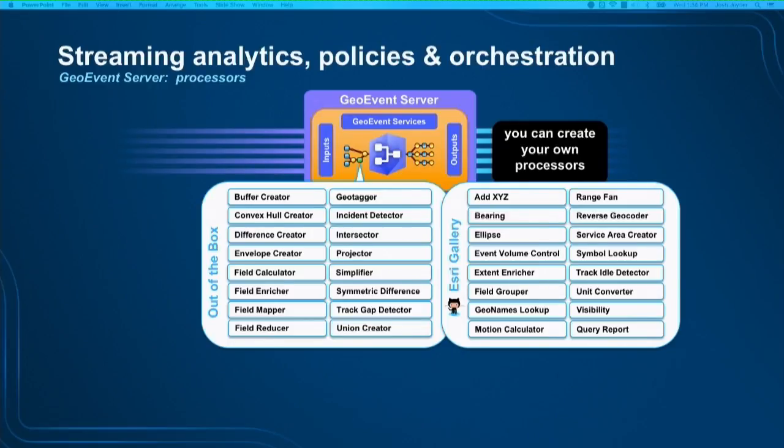You can also do different types of pattern detection, so something like an incident detector, where you can set up a series of filters and triggers and things you're looking for, and you can look for attribute values or spatial values or even time values. How long has something been ongoing?